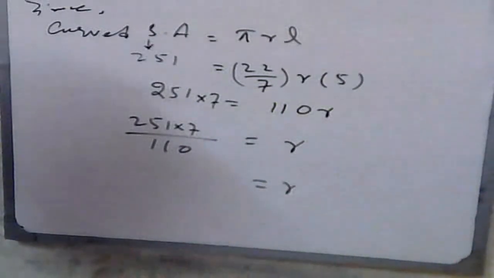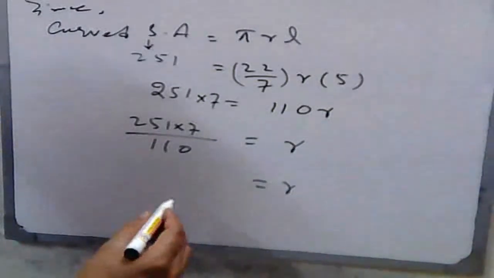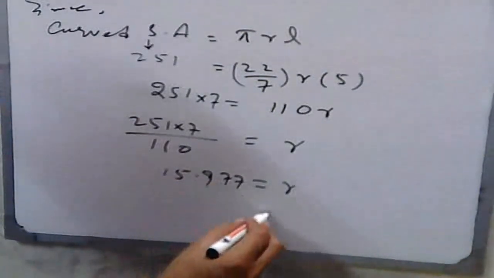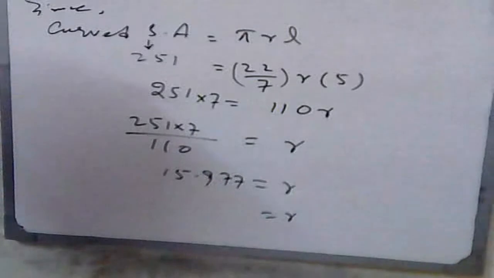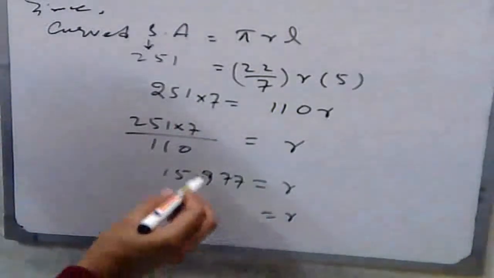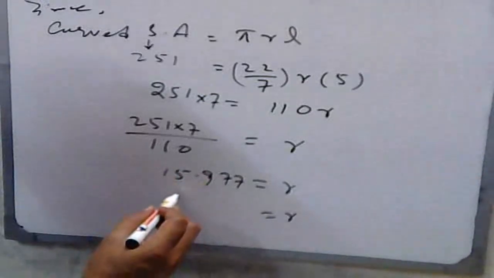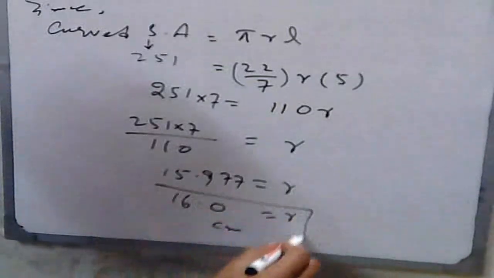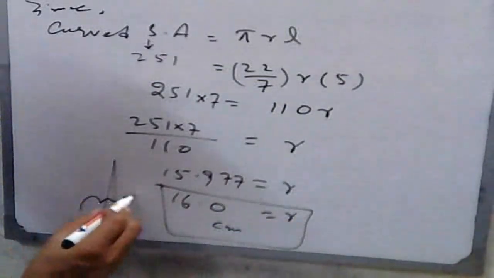After simplification you will get R equal to 15.977, but we need up to 3 significant figures because it has been asked in your question. After rounding off it will give you 16.0 centimeters. So that is your required result.